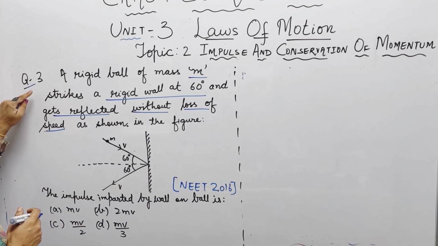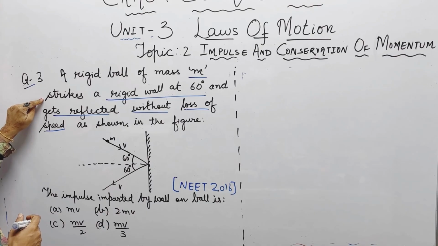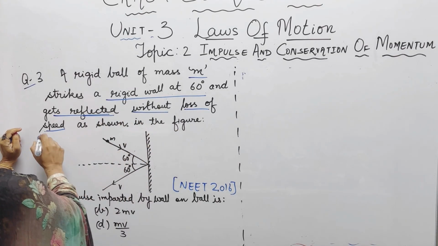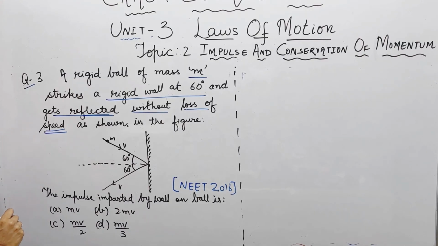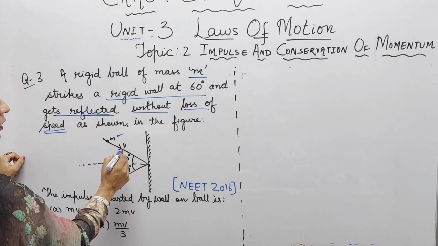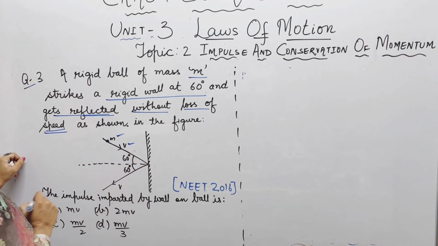In the question number 3, there is a rigid ball of mass m that strikes a rigid wall at 60° and gets reflected without loss of speed as shown in the figure. This is a ball of mass m, and speed v is striking the wall. So angle of incidence is 60 degrees.